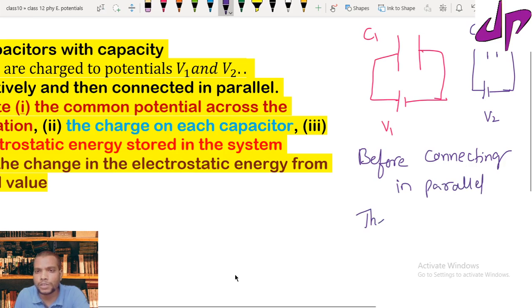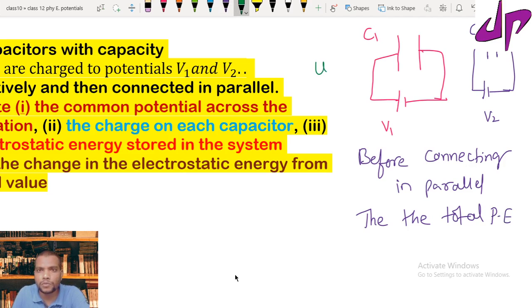The total potential energy, let us take in terms of U1 equal to half C1 V1 square for this capacitor, and for this capacitor U2 equal to half C2 V2 square.